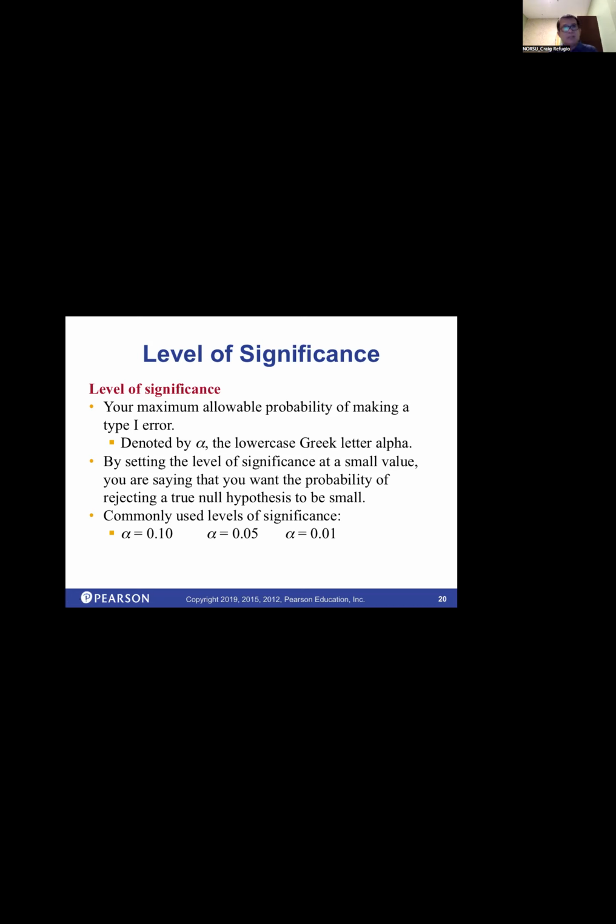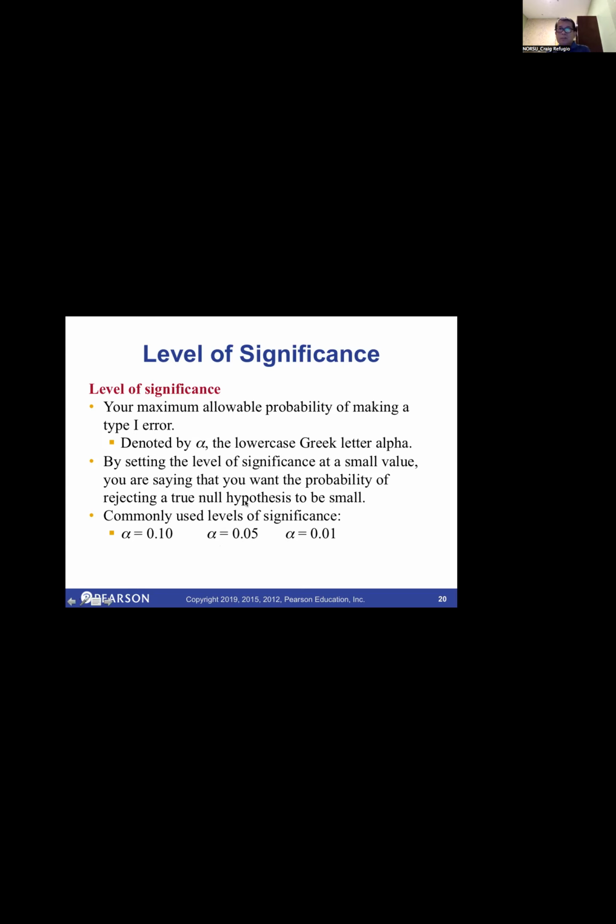How do we define level of significance? It is the maximum allowable probability of making a type 1 error. What is type 1 error? You reject a true null hypothesis. The common values of alpha are 0.10, 0.05, or 0.01.